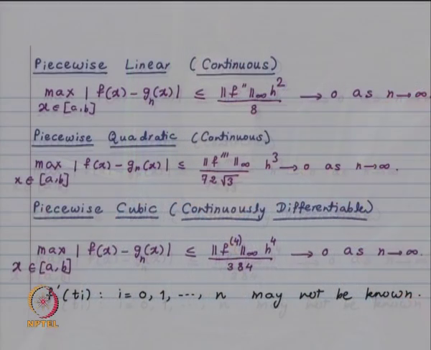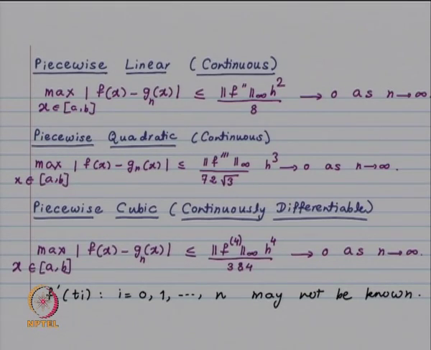In case of piecewise quadratic, again the function is continuous and the error is now less than or equal to norm f triple dash infinity, that means the third derivative is coming into the picture, divided by 9 root 3, into h cube. And now for piecewise cubic Hermite interpolation, our function is continuously differentiable and the error is less than or equal to a constant times h raised to 4.